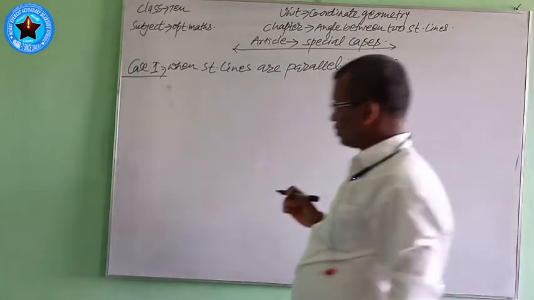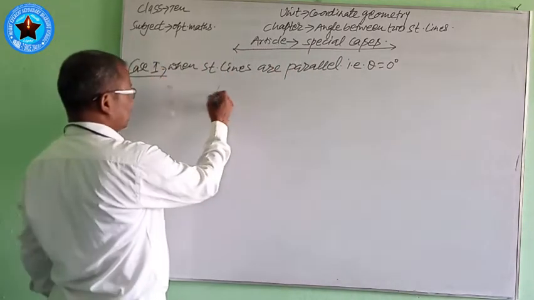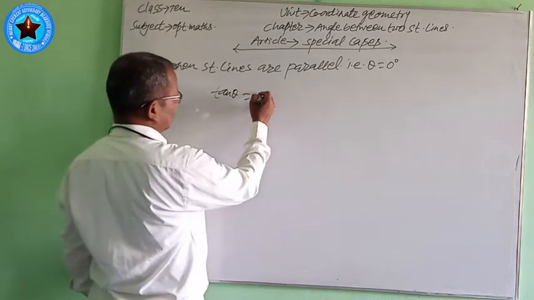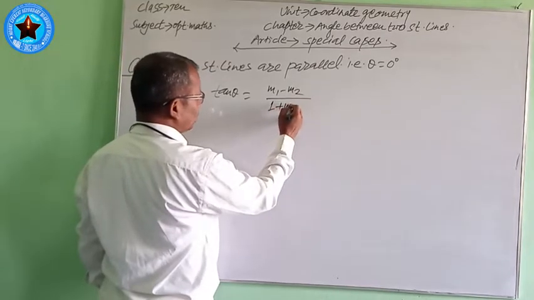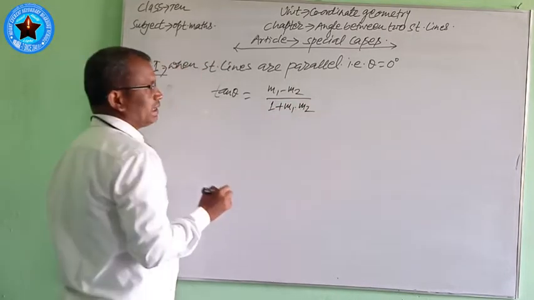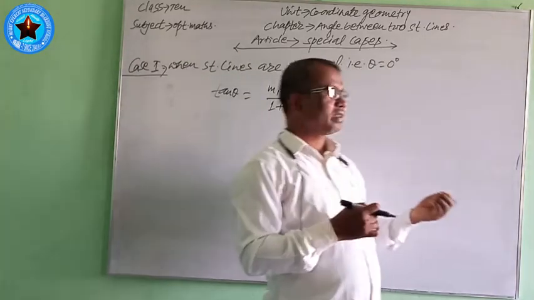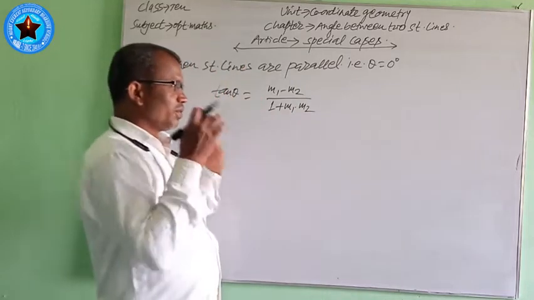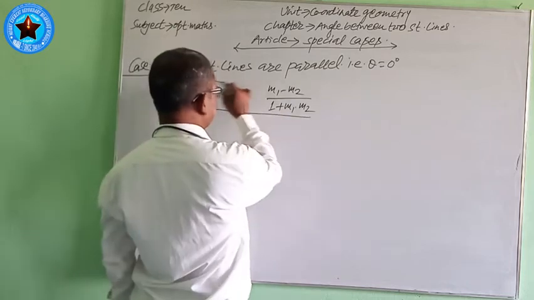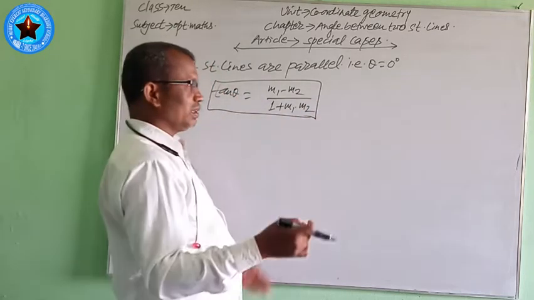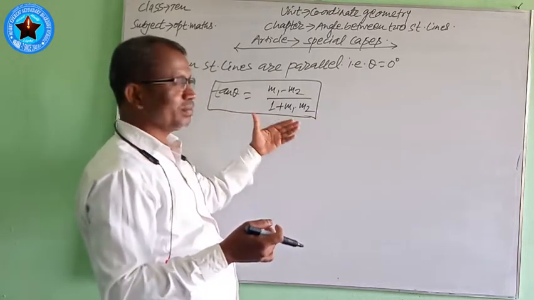That is, how to use this formula, tan theta equals (m1 minus m2) by (1 plus m1 into m2), to predict whether straight lines are parallel or perpendicular to each other, or what their types are, and how to find them without finding angles, that is, how the types or nature of the straight lines can be known.